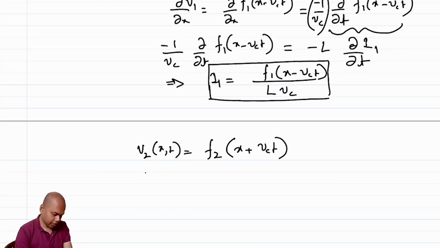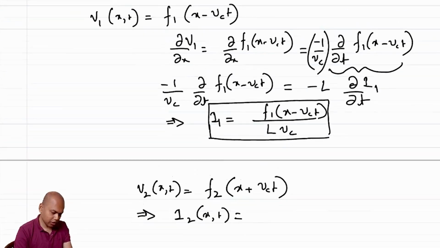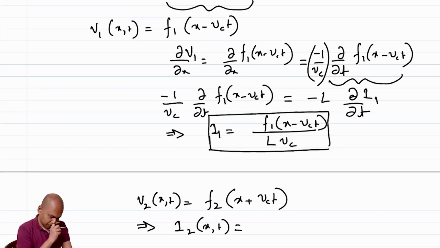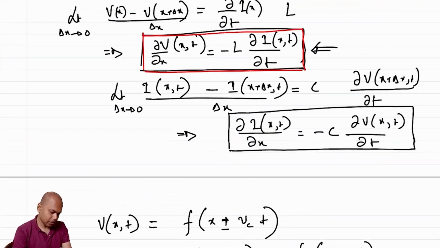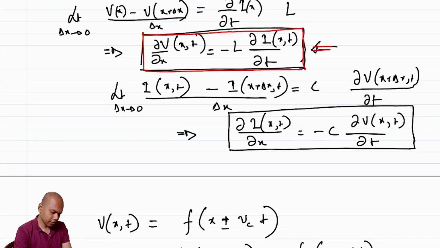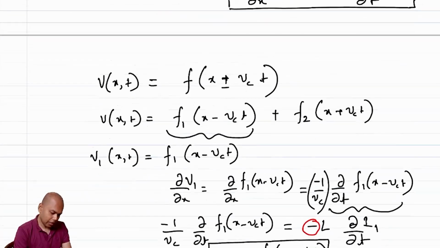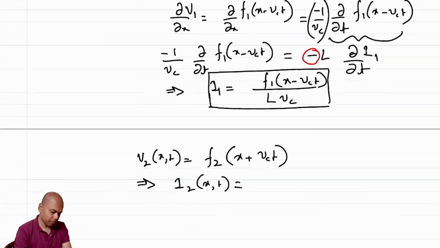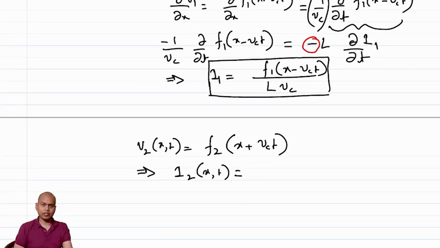So I am going to get I2 of x comma t should be equal to, now note the sign. Your negative term will come as is because it is a part of this equation, but the other negative term is not going to come because it is x plus v_c t, right?